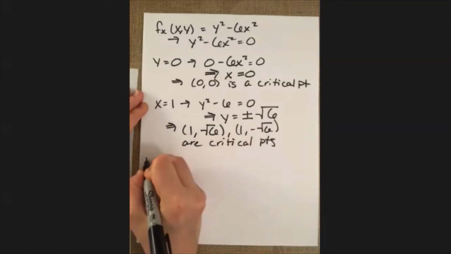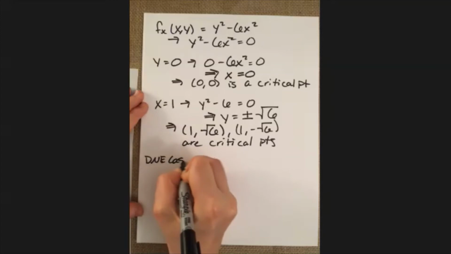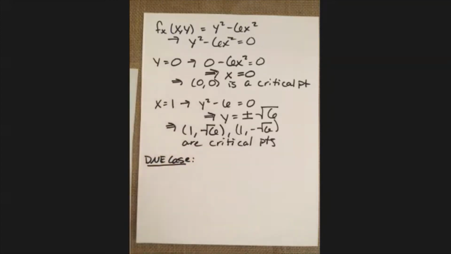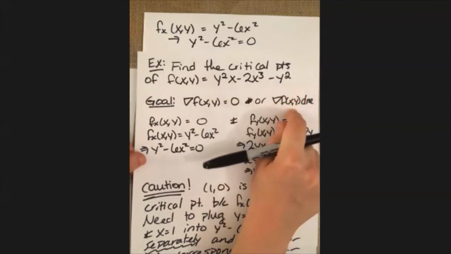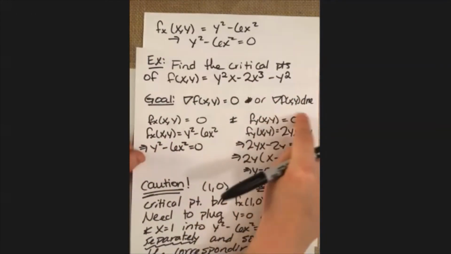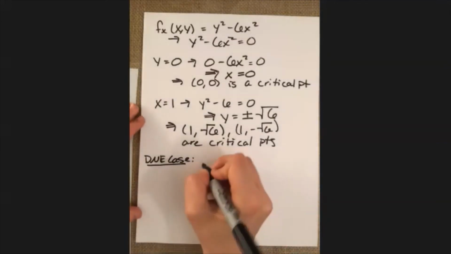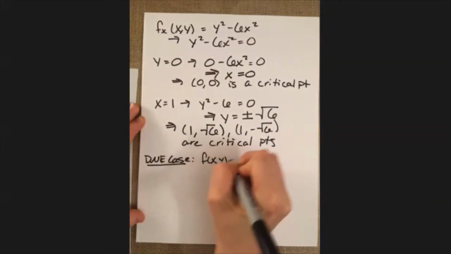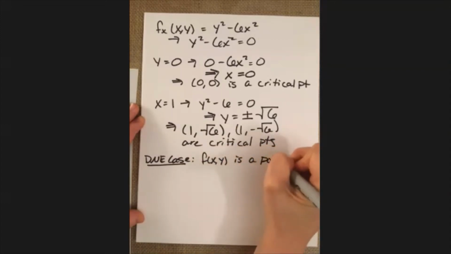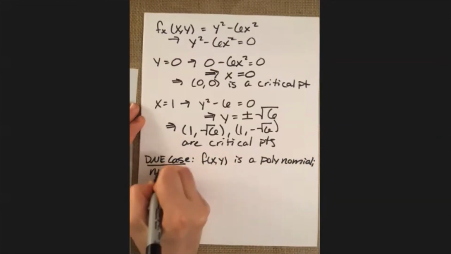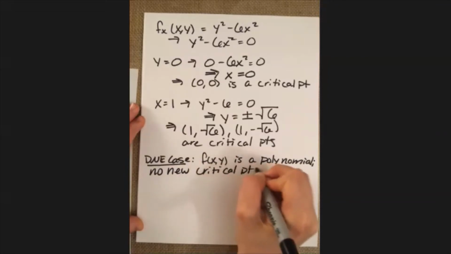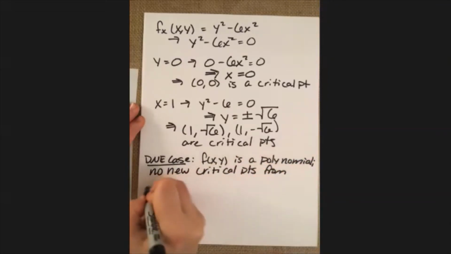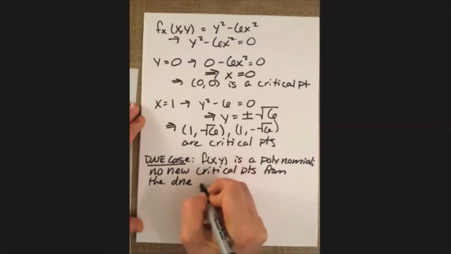So what about the does not exist case? Well, once again, we are dealing with a polynomial. So the does not exist part really isn't going to give us anything new. So we really don't have to worry about that too much. We're not going to get any new critical points from the does not exist option.